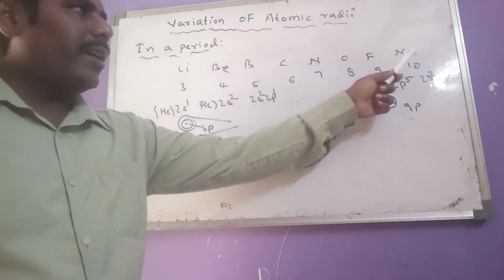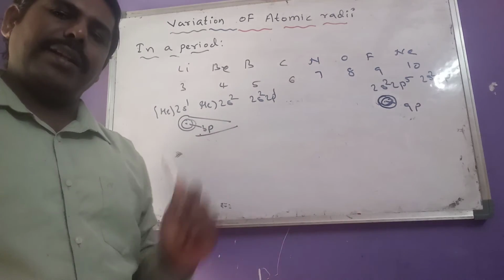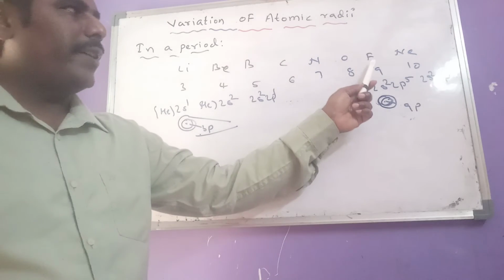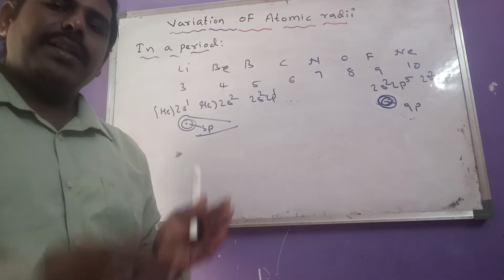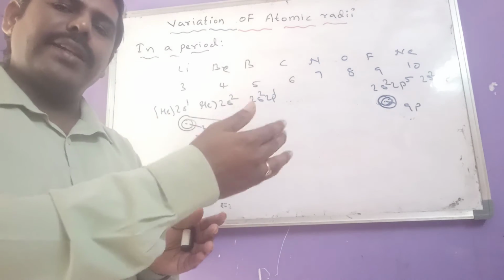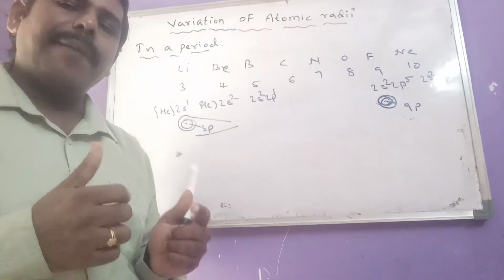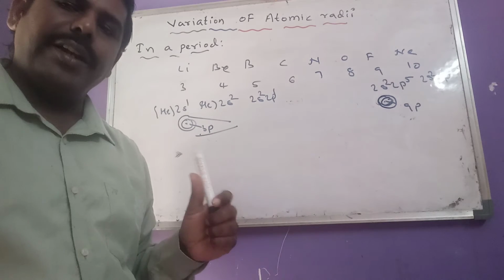But thereafter atomic size suddenly increases. So from the 7th A group element to the 0 group element, you may observe an increase in atomic size. Why it happens like this, we already discussed in our previous video.